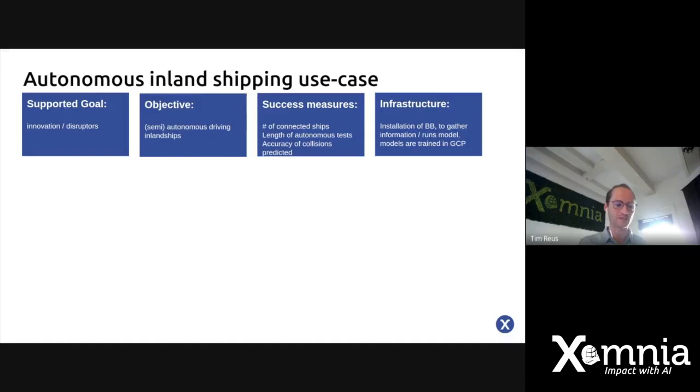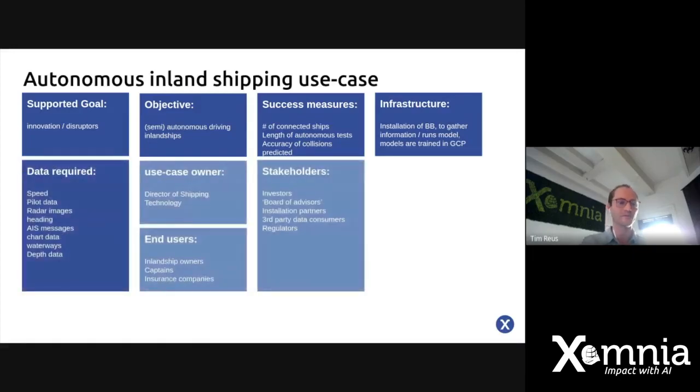Are we going to predict collisions accurately and precisely with static objects? So think about ports, think about bridges, stuff like that. And then obviously, how long can a ship run autonomously during our tests? That was also a measurement.